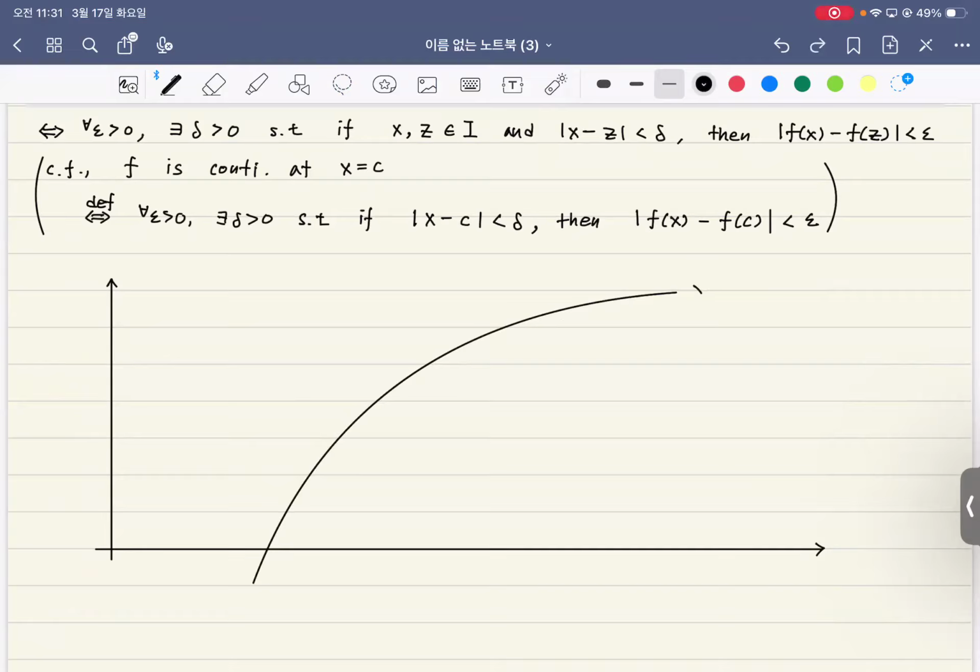Say that this is the graph of y equals f of x, and this is my interval I. I want to see if this function on this interval is uniformly continuous or not.